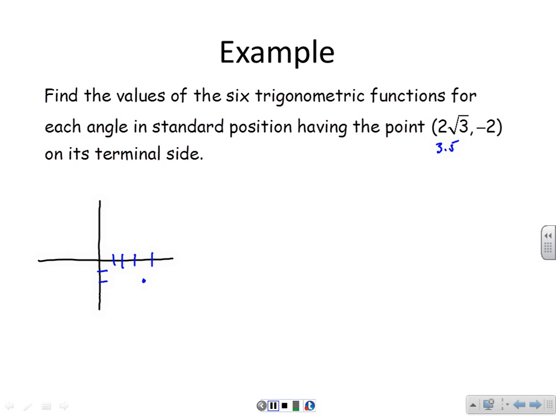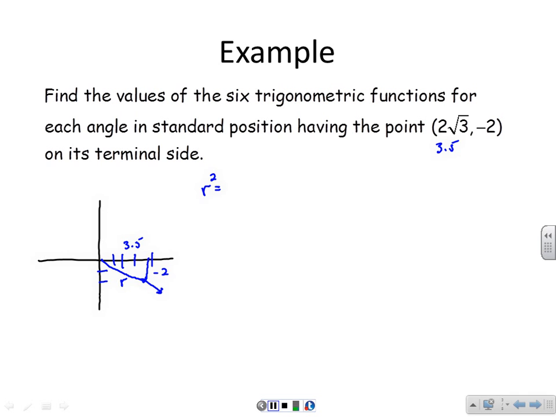So we're here. Just like we did in the previous section, we can draw a ray through this, and that's going to make a right triangle. We know that x is 3.5, y is negative 2, and of course we need to find r.